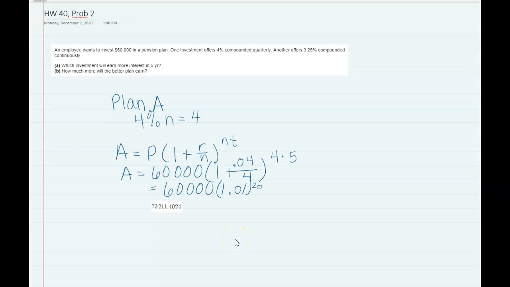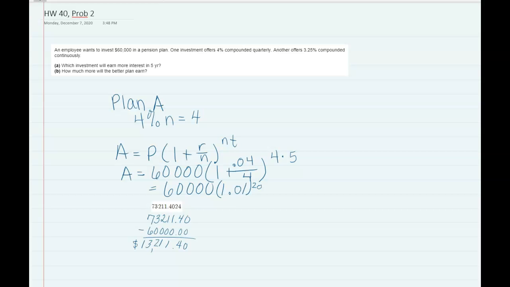So we can see that we're going to have $73,211.40. We're going to subtract our 60,000 because we want to know how much interest we're earning. So which investment will earn more interest? Subtracting, we're going to have 13,211.40. So we're getting about $13,000 worth of interest.